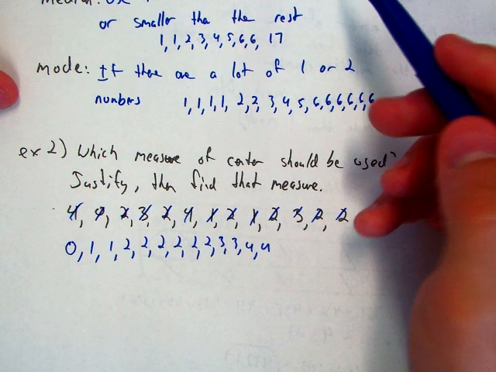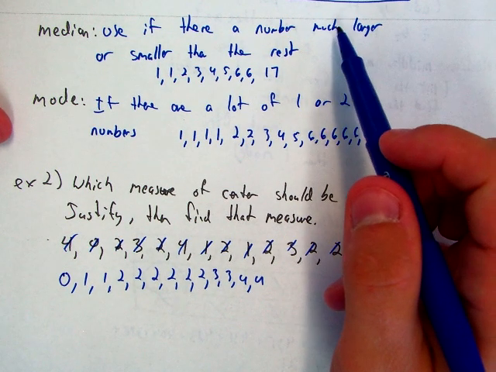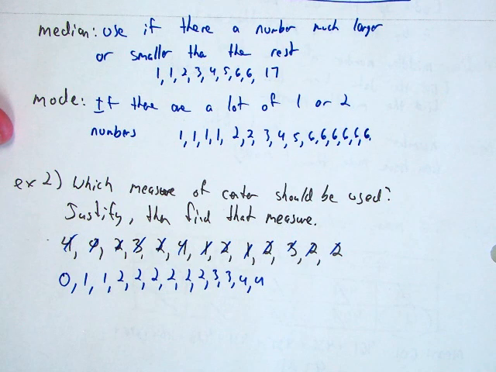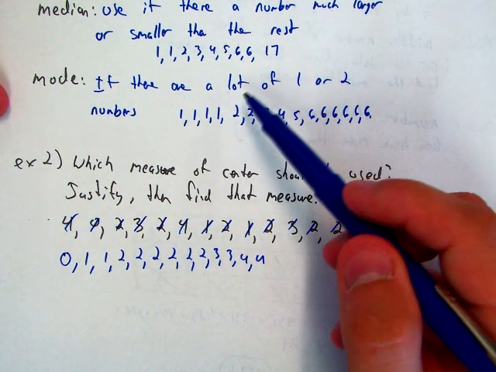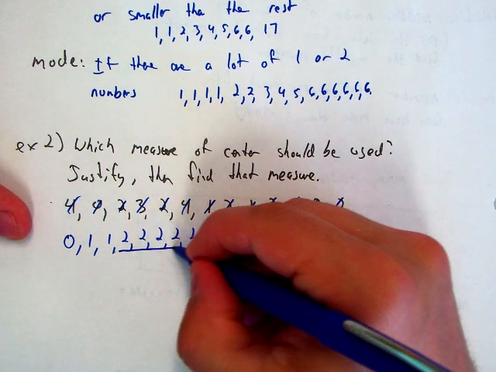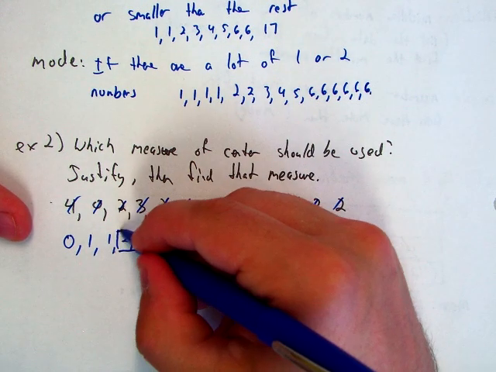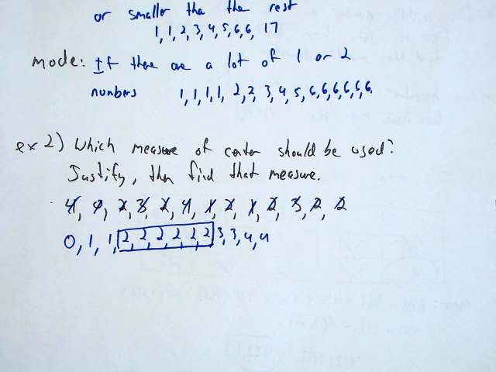But let's continue moving. Let's look at the median. Is there a number that's significantly larger or smaller? Not really. And the last one, the mode, are there a lot of numbers that show up? Well, yeah, there's a lot of 2s. In fact, there are 6 2s out of a total data set of 13. Almost half the numbers are 2s.